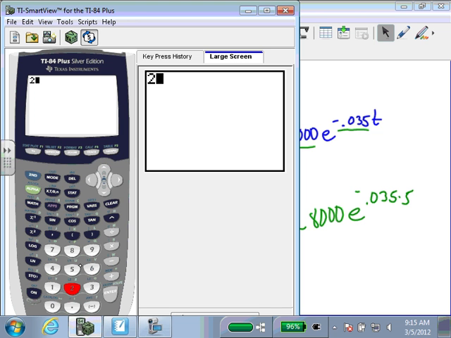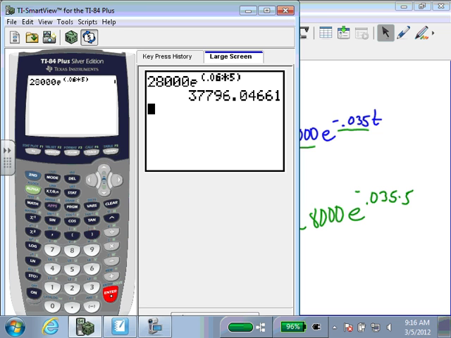So for the first one, we have 28,000 e to the, and I need parentheses for this, 0.06 times 5. Okay, so the town now has 337,796 people.